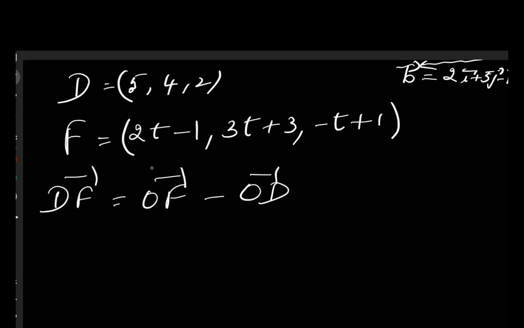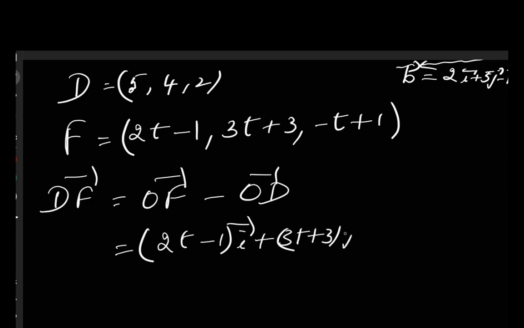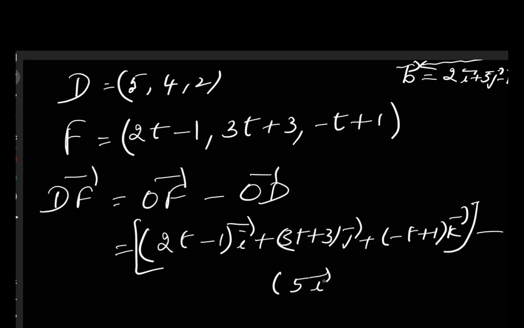In vector form, OF is (2t minus 1)i plus (3t plus 3)j plus (minus t plus 1)k, minus (5i plus 4j plus 2k).